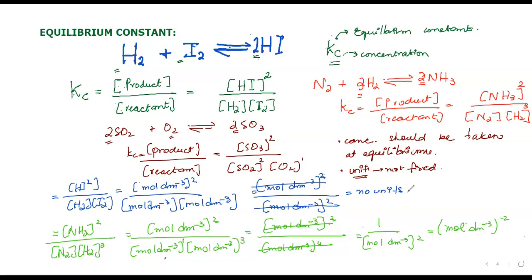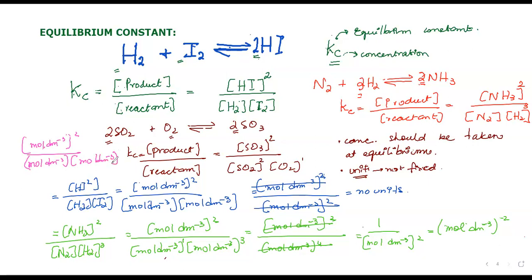For example, if you take a look over here at the sulfur trioxide one, this is going to be mol dm^-3 squared divided by mol dm^-3 squared multiplied by mol dm^-3.